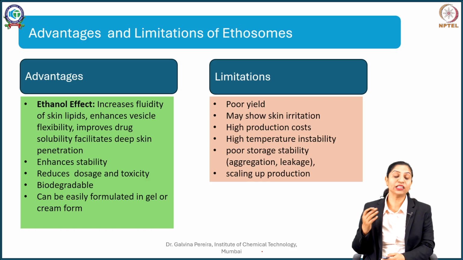Not only that, ethanol is also responsible for enhancing stability. So it has good stability. Once you have good permeation and good stability, definitely you can work towards reducing the dose. So ethosomes require a much lower dose as compared to other drug delivery forms, and as a result are less toxic.